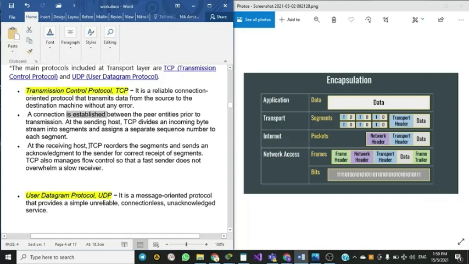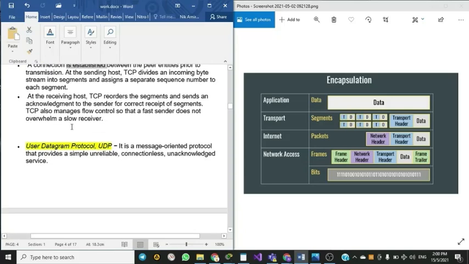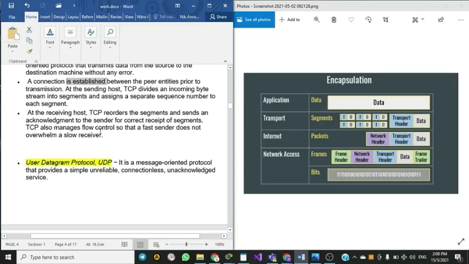The receiving host's TCP reorders the segments and sends an acknowledgement to the sender for correct receipt of the segments. TCP also manages flow control so that a faster sender does not overwhelm a slower receiver. This we'll talk about later.